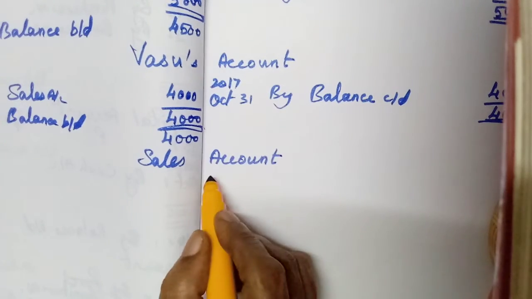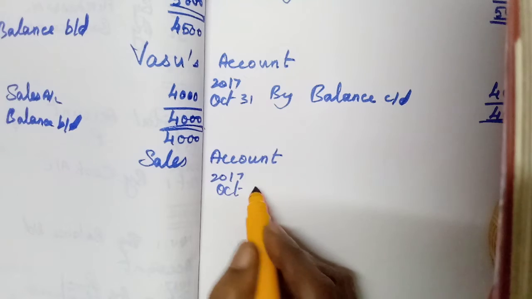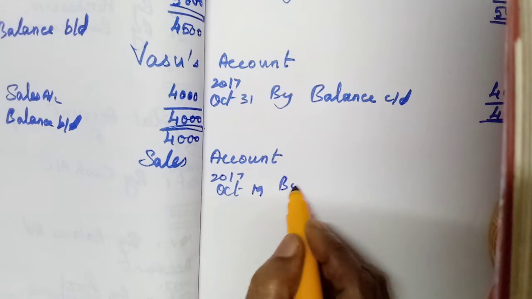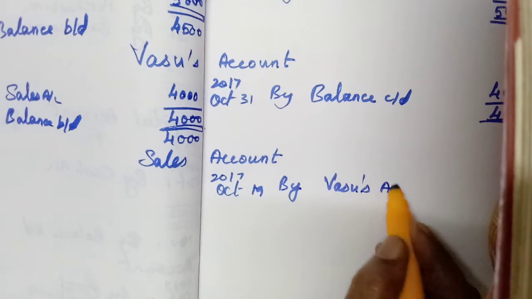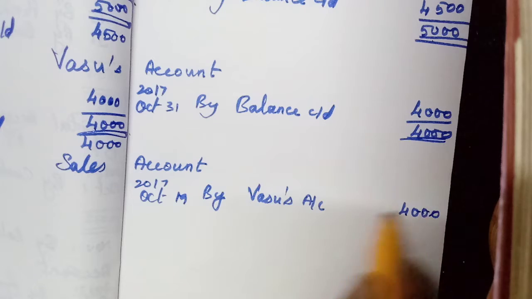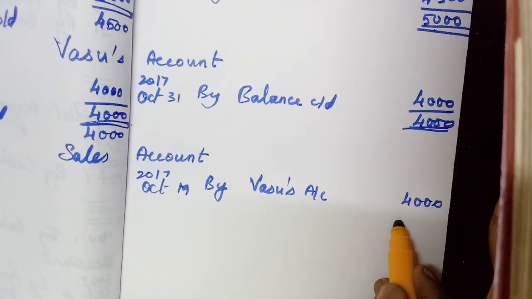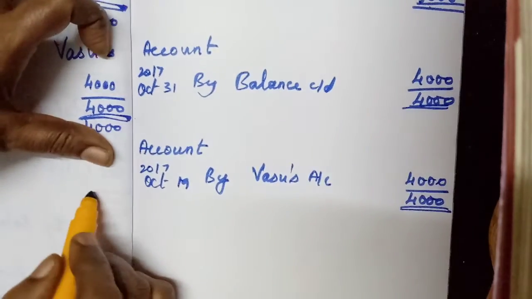Now sales account. Sales account is credited, so credit side we have to post by Vasu's account 4,000. Only one sale, isn't it? So write 4,000. Here also 4,000.